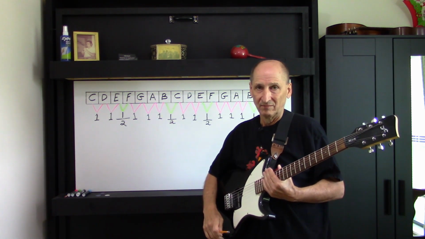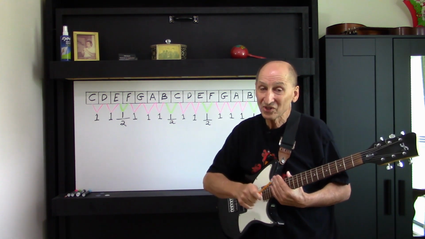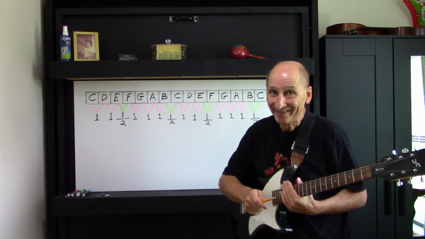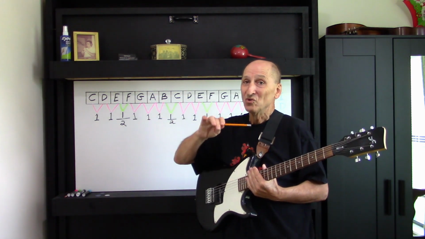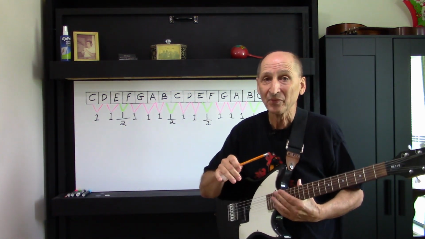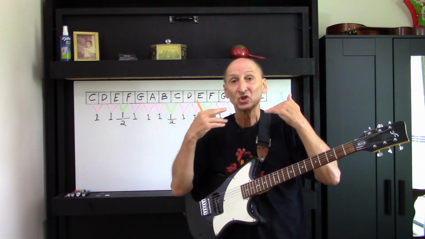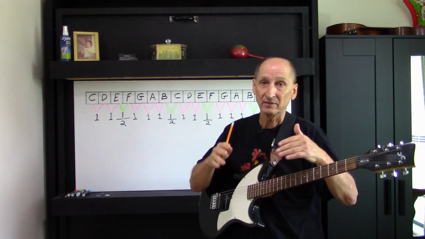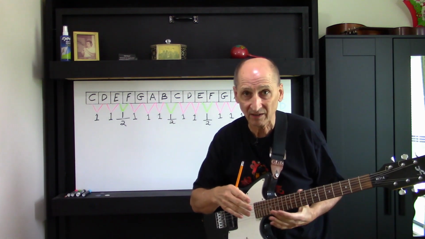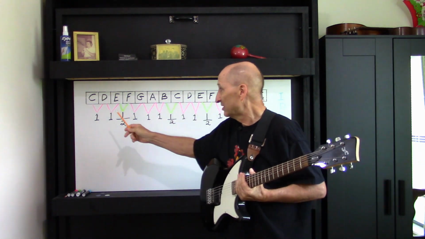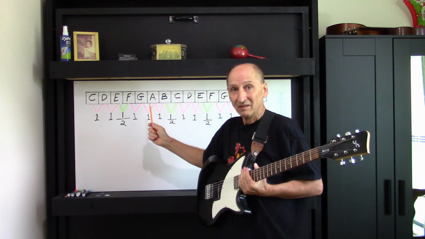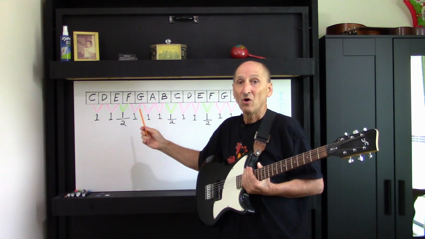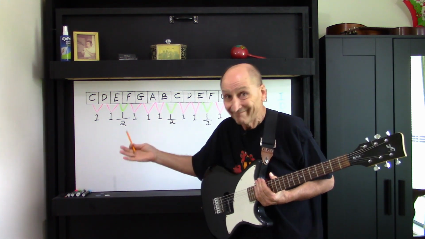Always. Now, another interesting thing about this: you've heard of the church modes. People say, you've got to know your modes and this, that, and the other thing. Simply with this chart, you have all your modes.